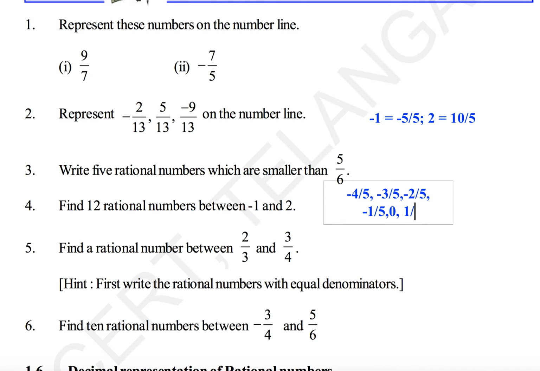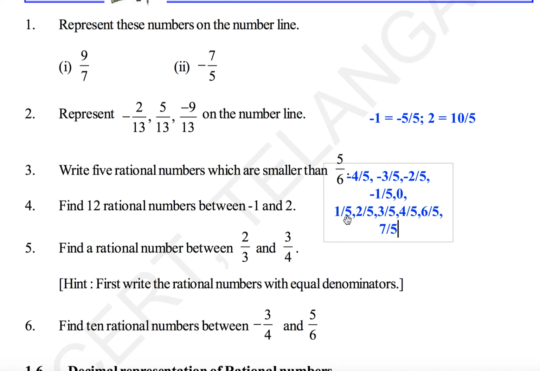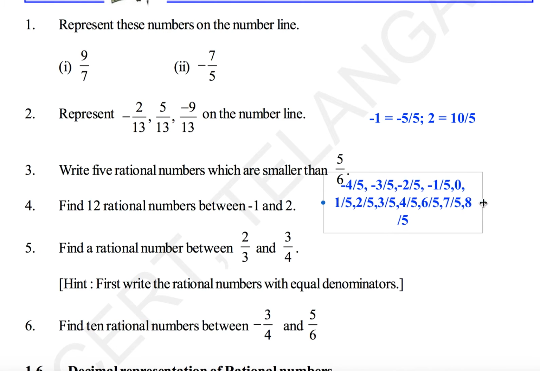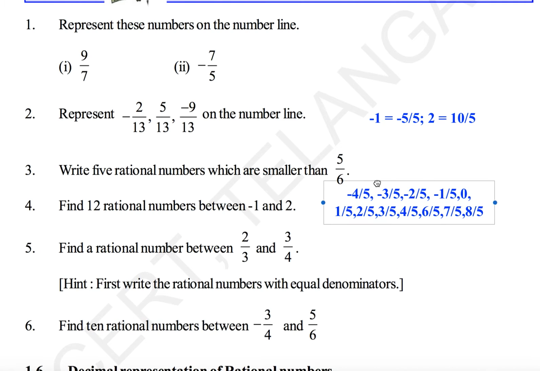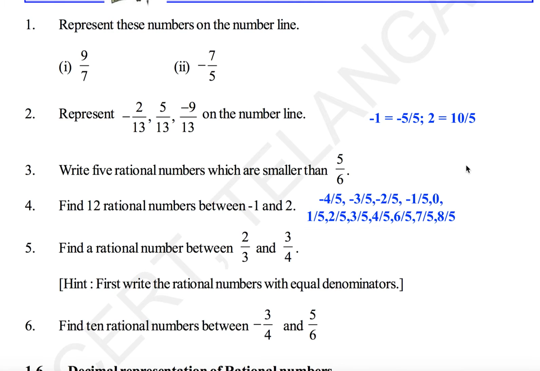Next 1 by 5, 2 by 5, 3 by 5, 4 by 5, 6 by 5, 7 by 5. How many do you want? 12. 1, 2, 3, 4, 5, 6, 7, 8, 9, 10, 11. 8 by 5 also, that makes 12. If you want, you can also add 9 by 5. These are the rational numbers between minus 1 and 2.